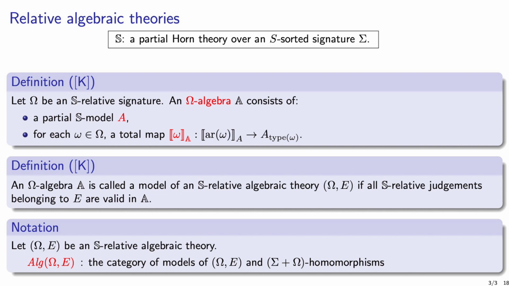A model of an S-relative algebraic theory is an algebra which satisfies all given S-relative judgments. And then the category of models of a given S-relative algebraic theory is denoted like this: Alg(omega, E).